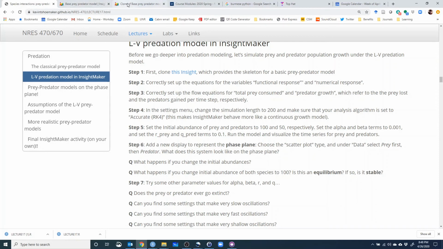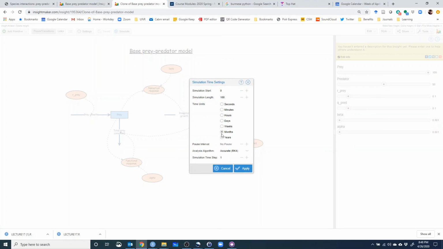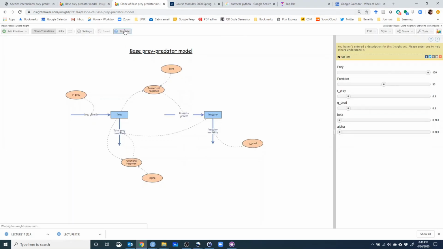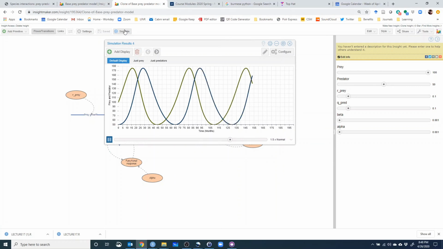All right. Let's see what happens here. And let's set this simulation length to 200, and let's do it. Nice. Just more like a sine wave type oscillating pattern of prey and predators. You can see which one's the prey. This is the prey. This is the predator.